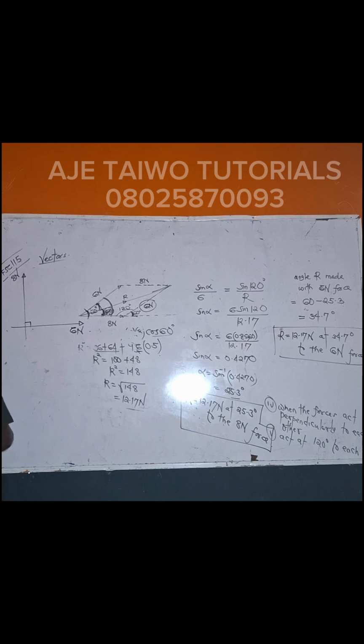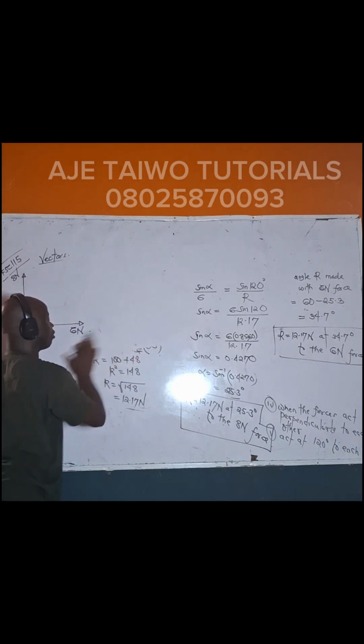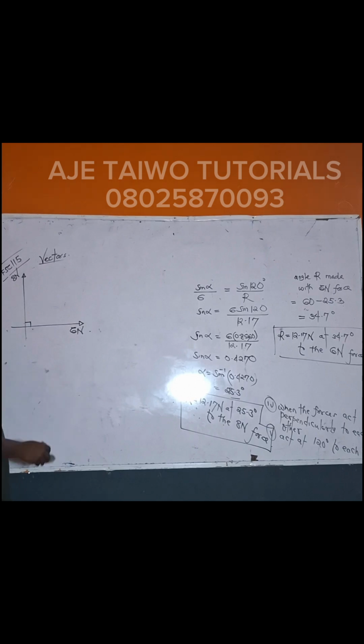The forces now act perpendicularly to each other. Another way of saying that is the forces are at angle 90 degrees to each other. You should just put 90 degrees in that formula, and you'll get the answer.